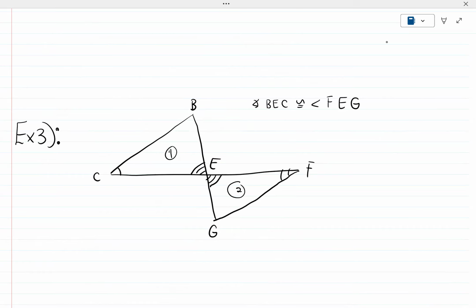But if you look closely, angle C is not congruent to angle F. See how this has two tick marks? This only has one. So angle C is not congruent to angle F. We need at least two angles that are congruent, so these are definitely not similar.